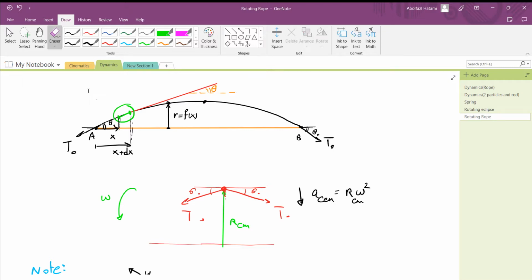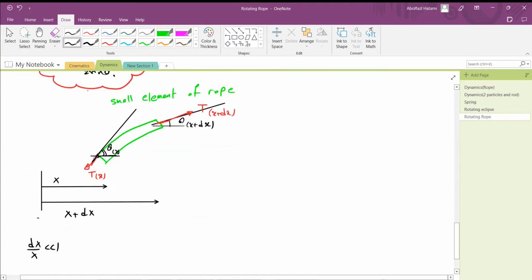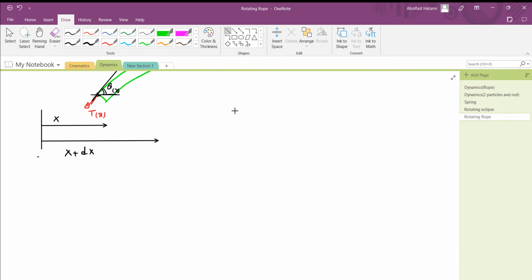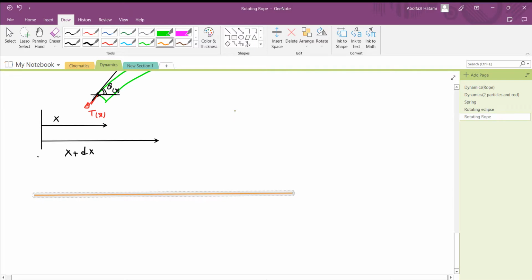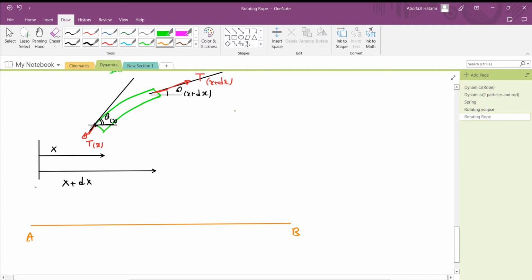So I want to change the notation. Consider that this orange line is the line AB, which our element is rotating around, this A and this B, and it is rotating with omega.